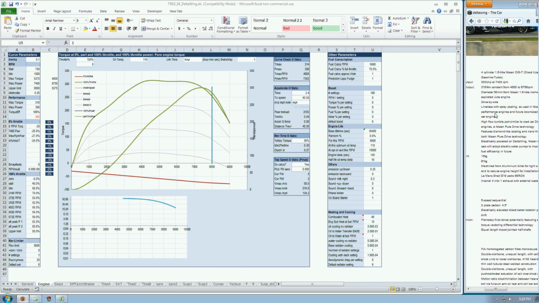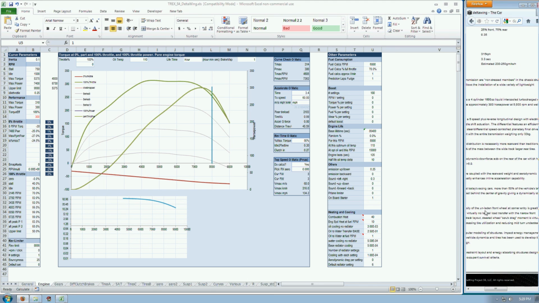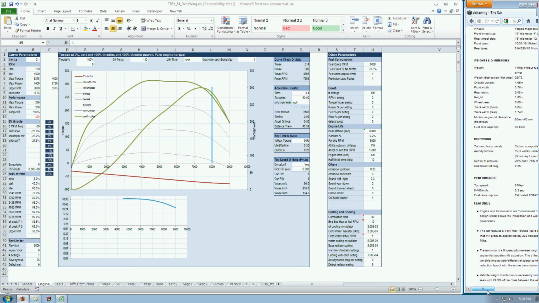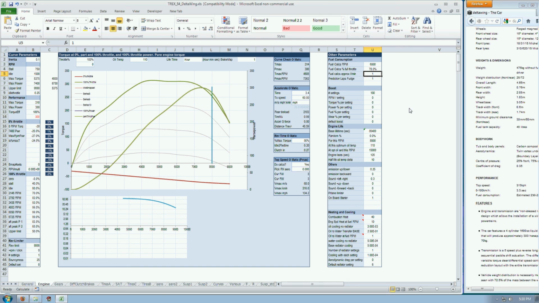They have some fuel consumption numbers here that I have yet to look up, between 230 and 250 gm per kilowatt hour. GM, I think it's grams perhaps. It needs a bit of working out to figure out what that is. For now, I'll say it's fairly fuel efficient and it uses half a liter per minute.